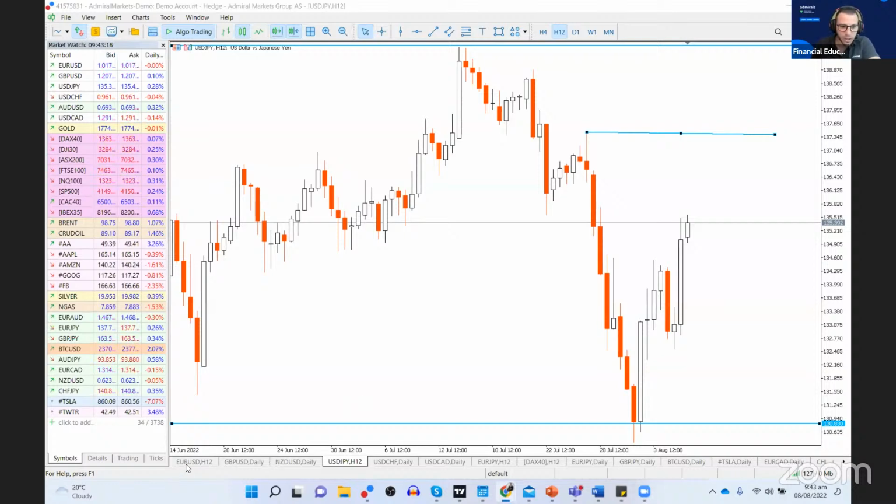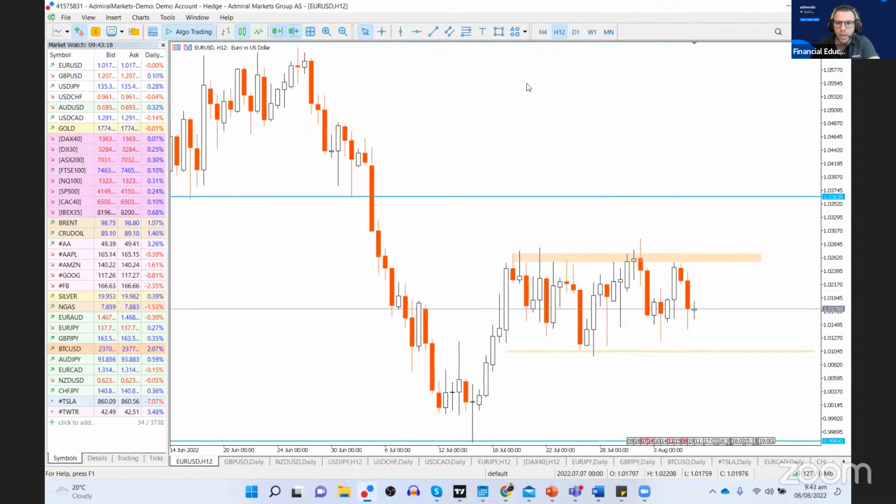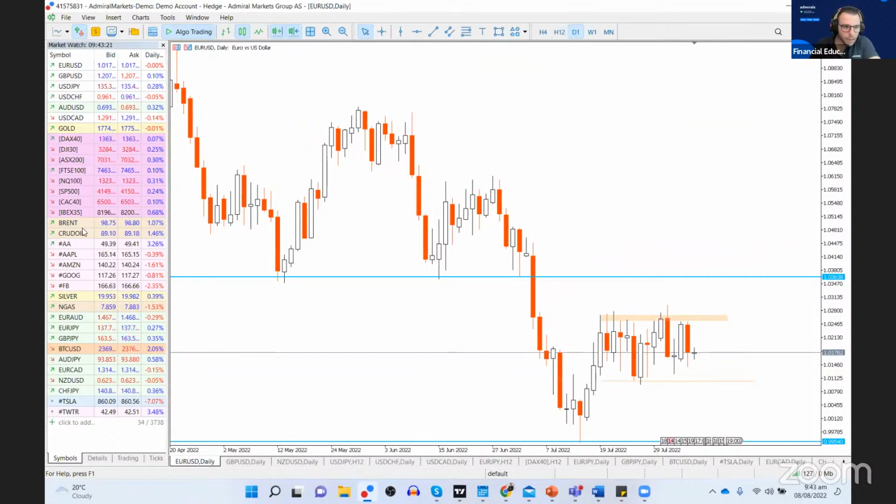Australian Canadian dollar. It's an interesting pair. So let's start with the AUD CAD, this one here.